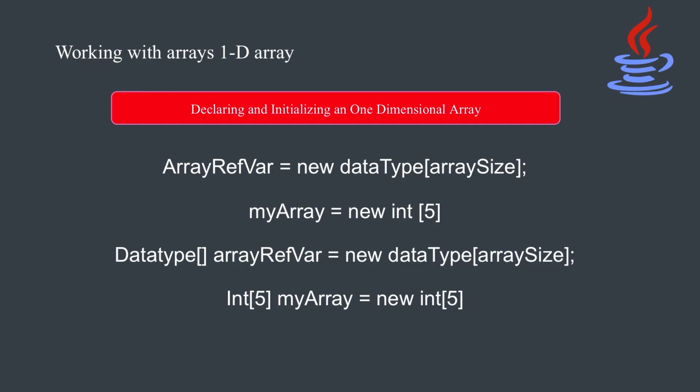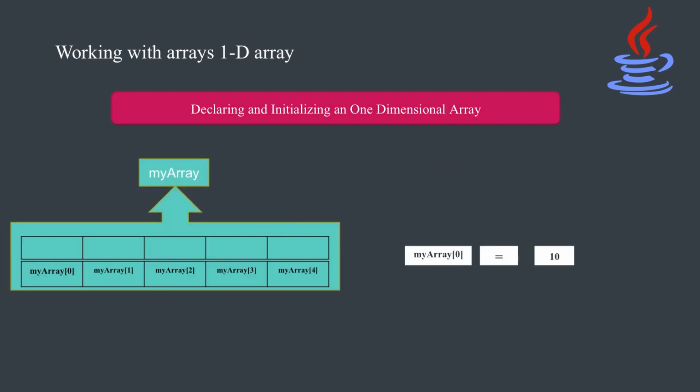So a reference variable with new integer 5 will give you an array of 5 integers, right? You need to use this syntax to create an array. Now when you create an array, it will be indexed on the basis of size.